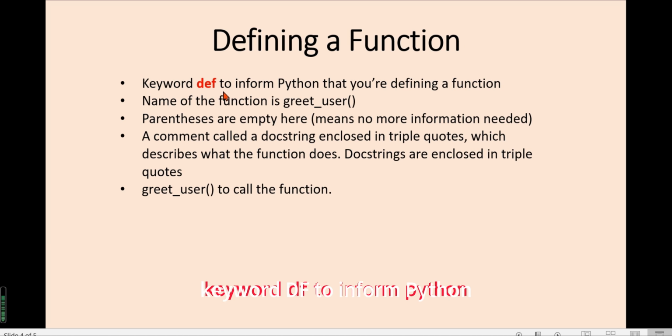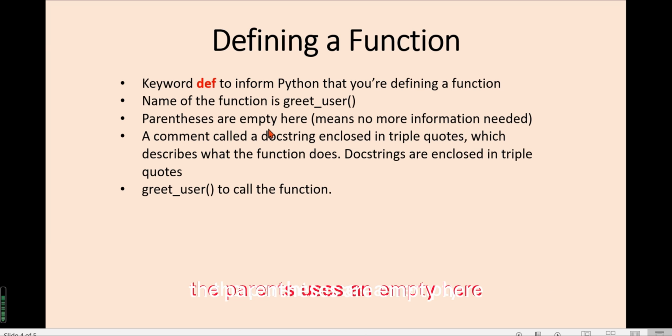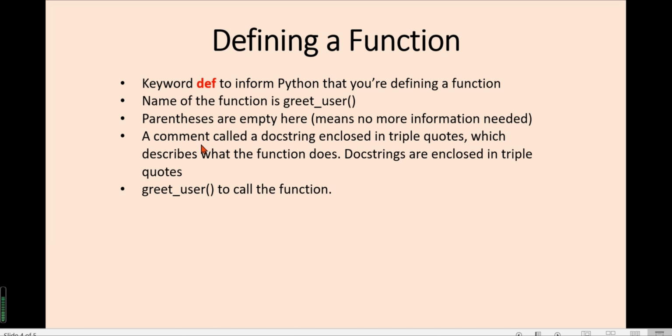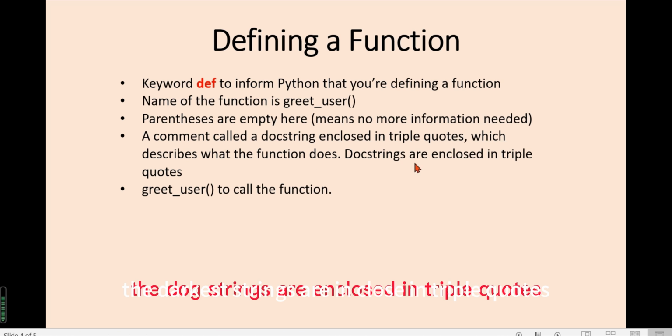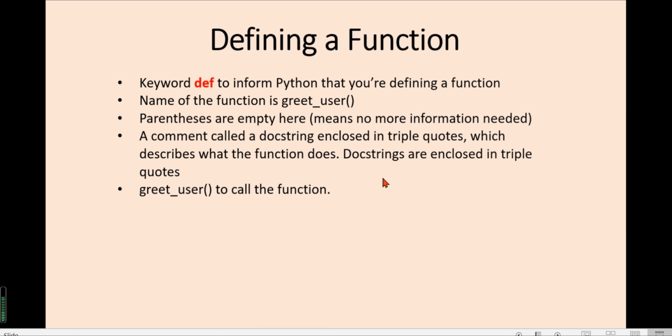The keyword def informs Python that you are defining a function, and the name of the function here is greetUser. The empty parentheses mean no more information is needed. And a comment called a docstring, enclosed in triple quotes, describes what the function does. And greetUser with parentheses calls the function.